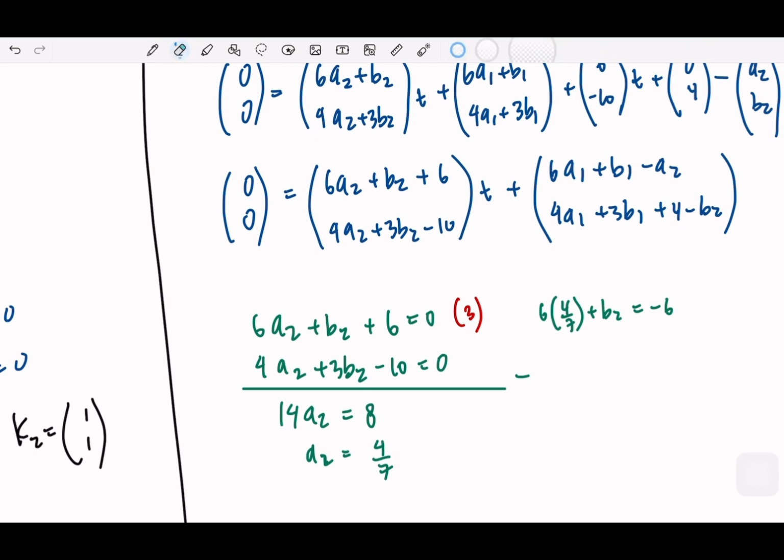So b2 is -6, -24/7. Negative 6 over 7. I think the number is not good.